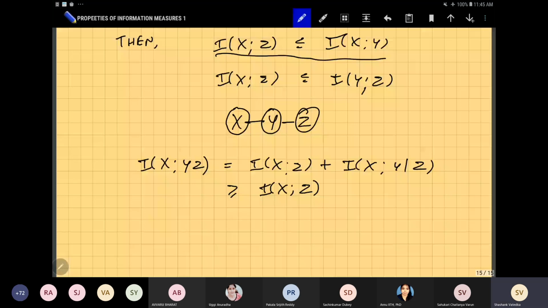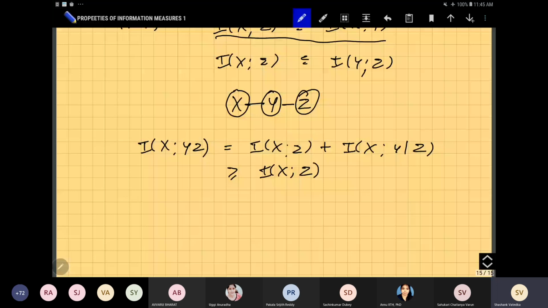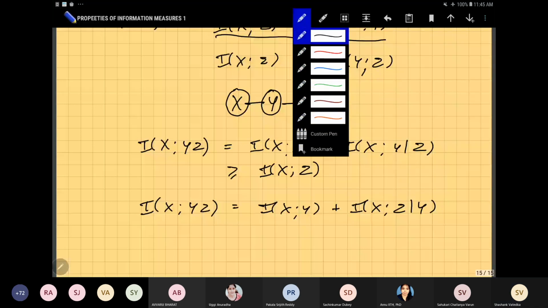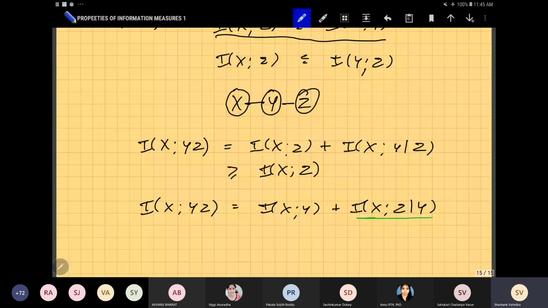Let's expand this mutual information between X and Y,Z in a different way. So I can write this as I(X;Y) plus I(X;Z given Y). Now what can you say about the second quantity here, the mutual information between X and Z given Y?